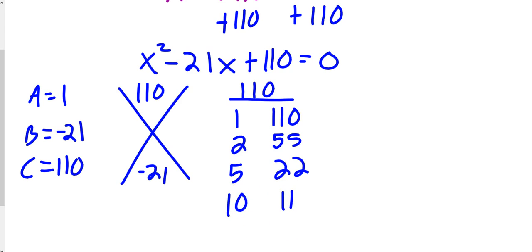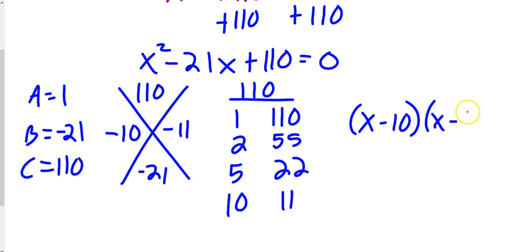So the only way to get a -21 is with a -10 and a -11. And because I'm doing the cheating method, we get x minus 10, x minus 11 equal to 0.